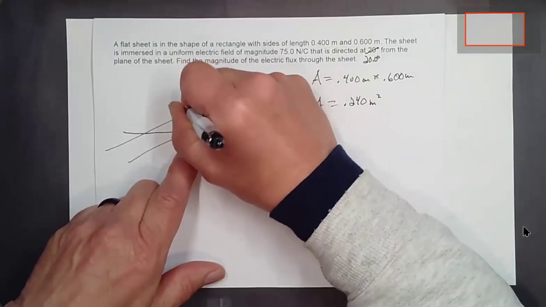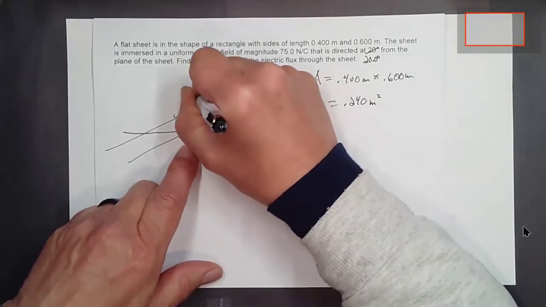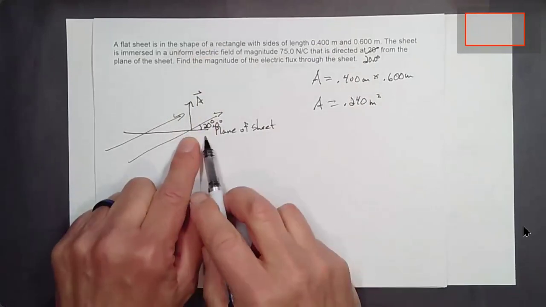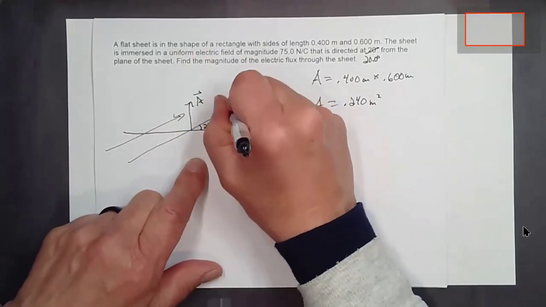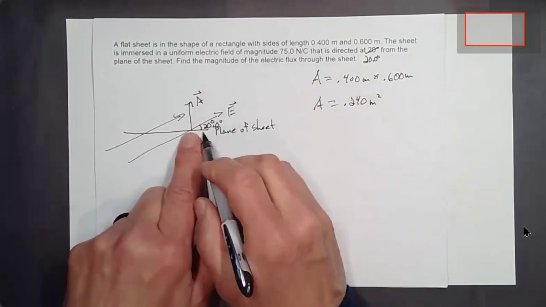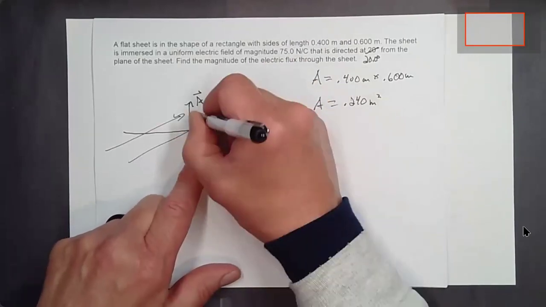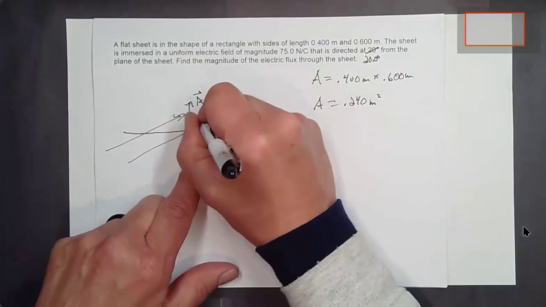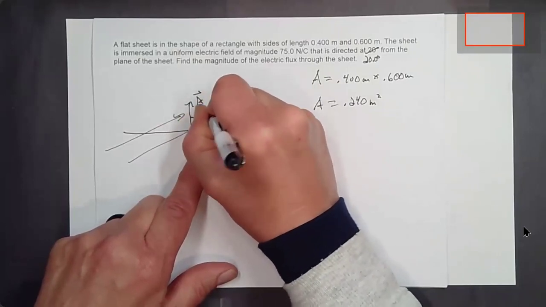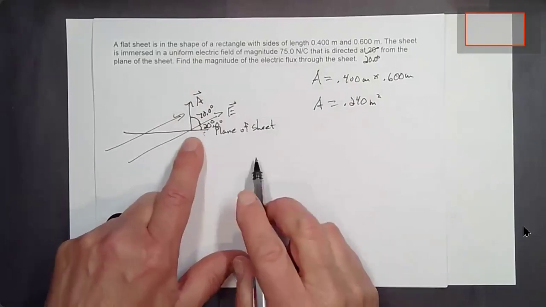And the A vector is going to point in this direction. Okay, this is E here. And the angle I care about is the angle between A and E. Well, looks to me like that one's going to be 70.0 degrees.